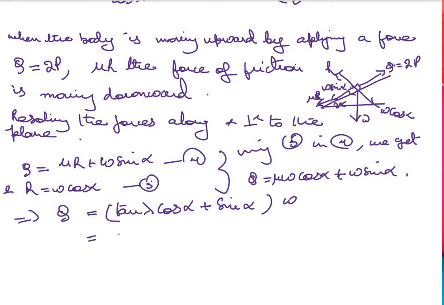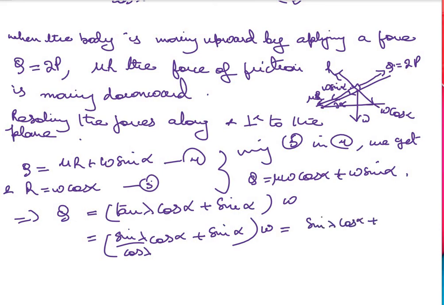So this is sin lambda by cos lambda into cos alpha plus sin alpha into W, which is nothing but sin lambda cos alpha plus sin alpha cos lambda divided by cos lambda into W, cos lambda being a common term.